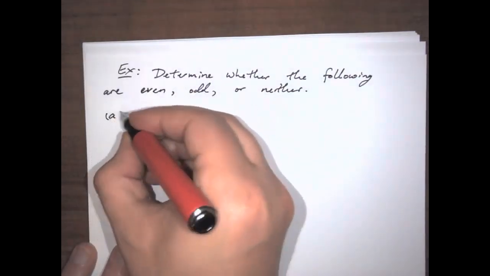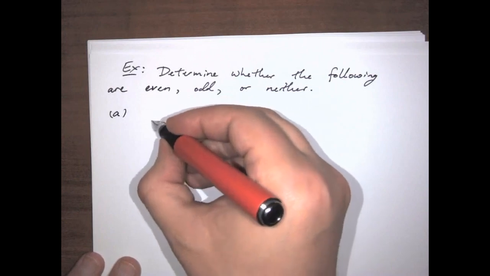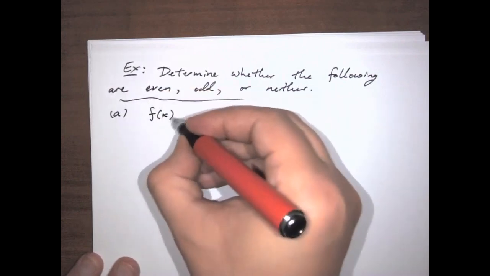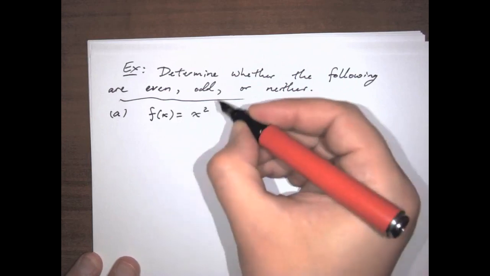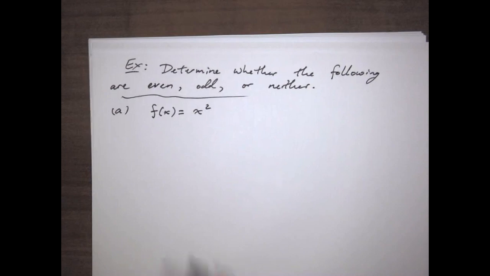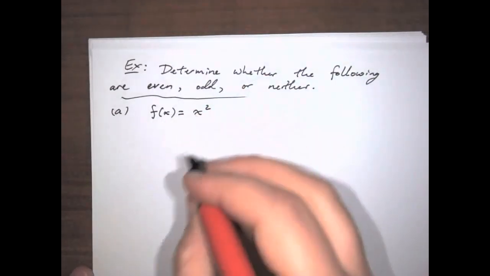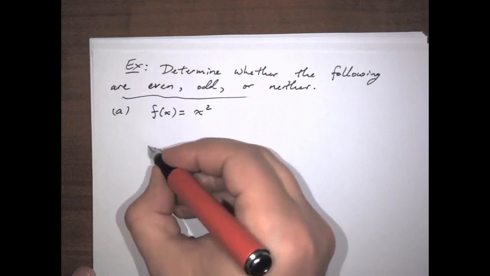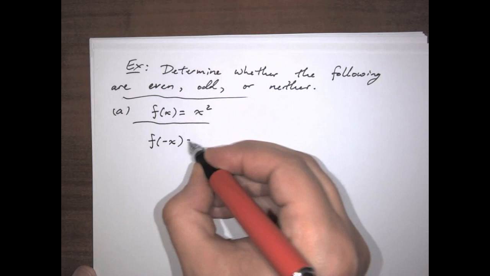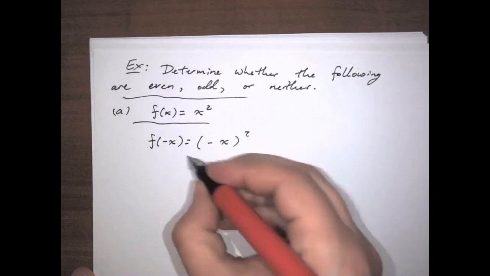A. Well, let's start with some of our best friends from the world of the toolkit. f of x equals x squared. Famous. Well then, let's think about how this will go. x becomes negative x, and then we have to see how that shakes out. So f of negative x. Well, that's just going to be negative x all squared.